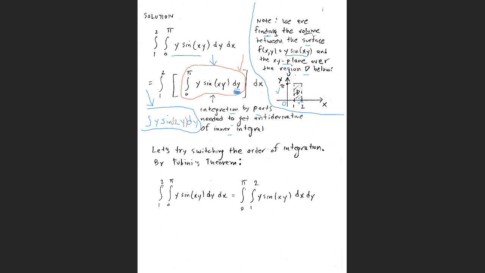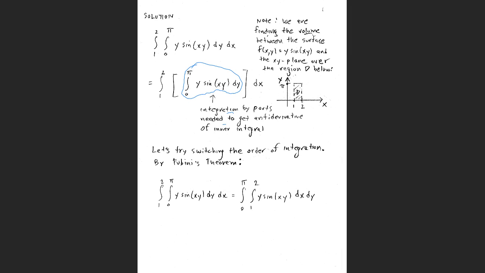What I'm trying to say is this. I'm looking here at this inner integral, and I say right away, integration by parts is needed to get the antiderivative of that inner integral.